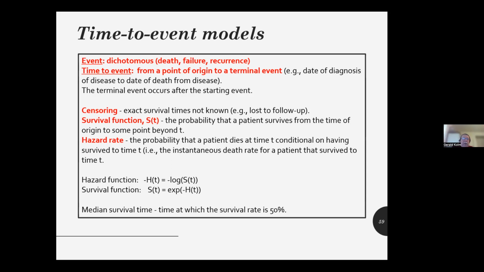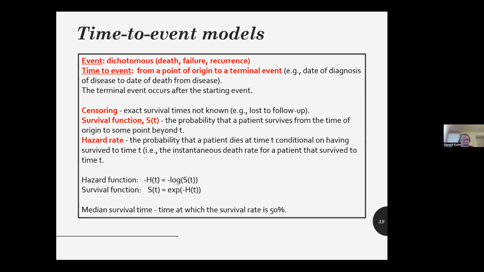That's the probability that a patient dies at a time t, conditional on having survived to time t. In other words, it's the instantaneous death rate or failure rate for a patient that survived to a particular time. If you know one, you can calculate the other.